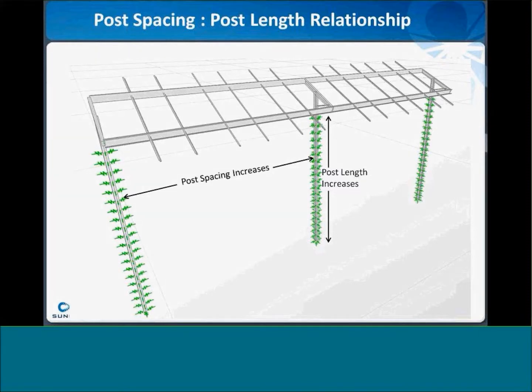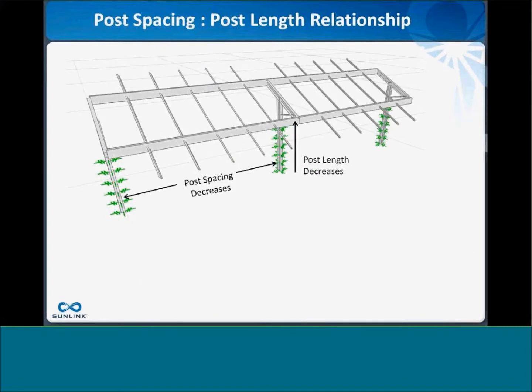As your post spacing increases, your loads on each post are going to increase as well, which, depending on your soil conditions, could have either a minor effect on that total post length, or it could be something that's prohibitive, depending on the type of mechanical installation you're going to do, the type of equipment you have to install those posts. Too long of a post might actually be impossible to install on your site. So evaluating those pros and cons between increasing or decreasing post spacing and the post length that will result from that is important as you're looking at your total project.